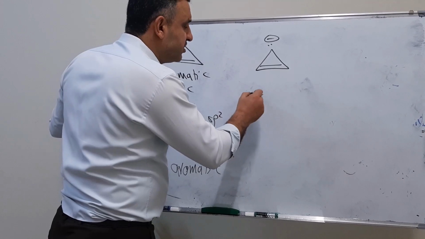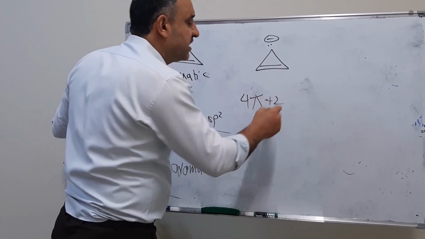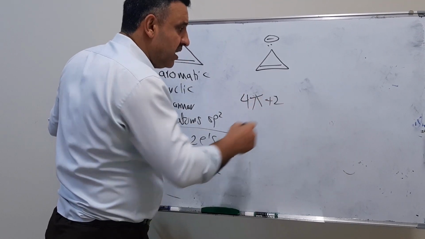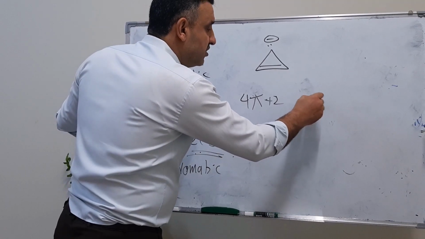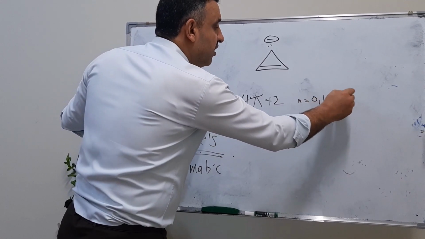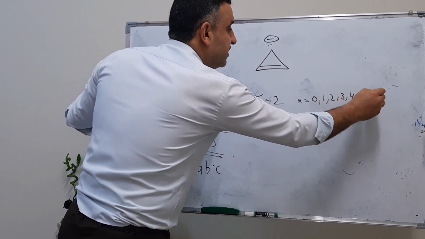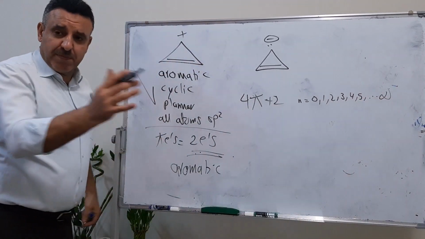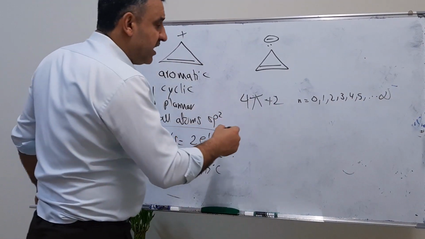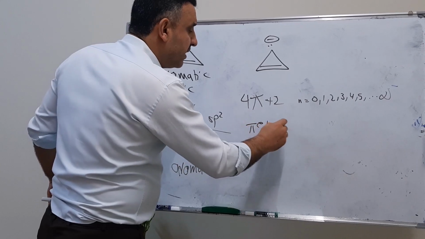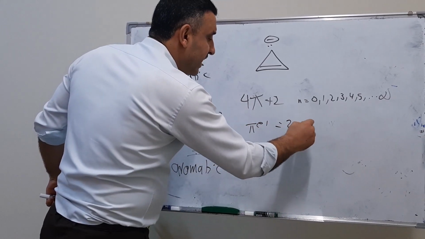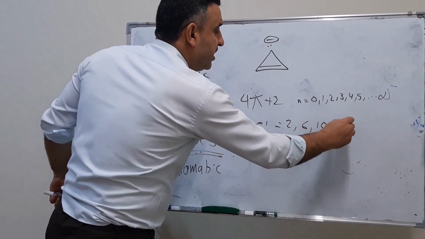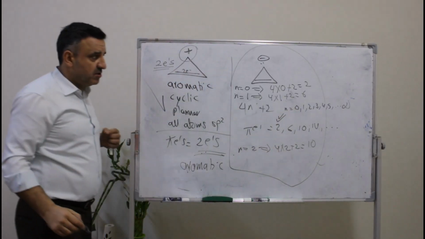It's either you say 4n plus 2 is the number of pi electrons, where n is equal to 0, 1, 2, 3, 4, 5 until infinity, and then you apply. Or you may say the number of pi electrons must be 2, 6, 10, 14, and so on. Do you follow me?